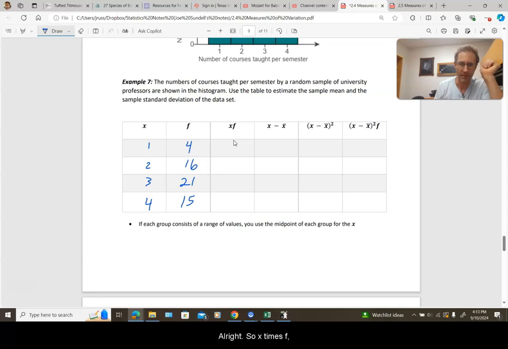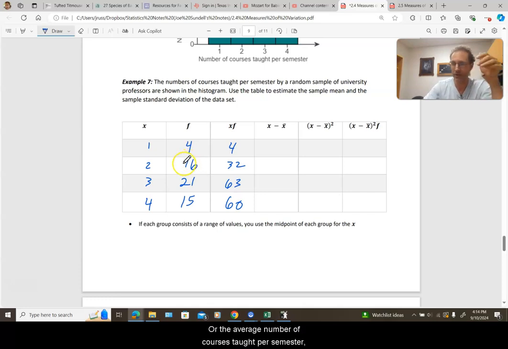All right, so x times f, 1 times 4 is 4, 2 times 16 is 32, 3 times 21 is 63, 4 times 15 is 60, and if we add this up and divide by the number of frequencies, this will give us the mean, okay, or the average number of courses taught per semester, or at least for this particular semester.